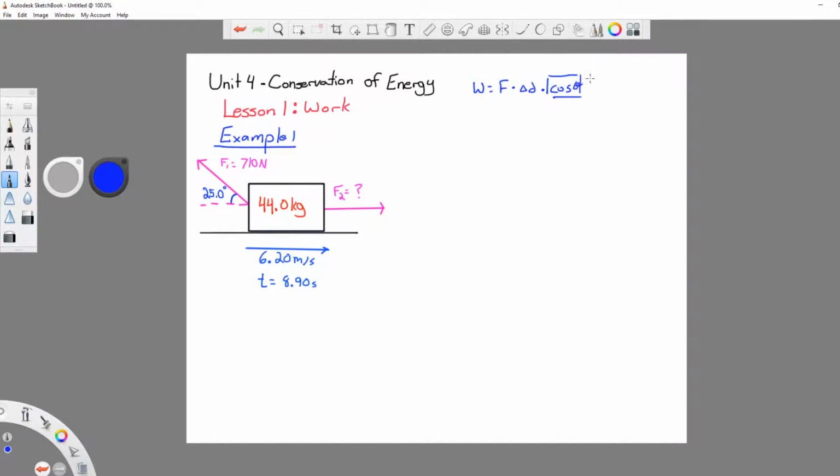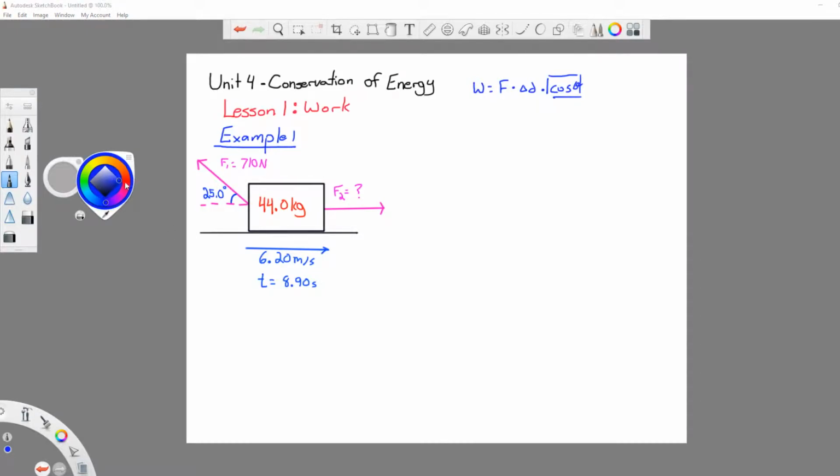Cos 0 equals 1, and so you would be multiplying your answer here by 1. So if you're pushing or pulling in the same direction as the motion of the object, you can just ignore this cos theta value and just do force times distance. All right, with that said, let's jump into this first example.